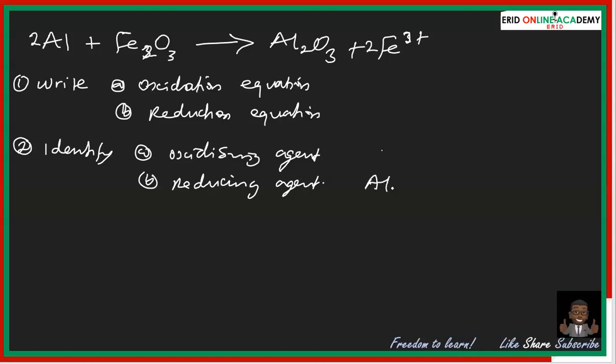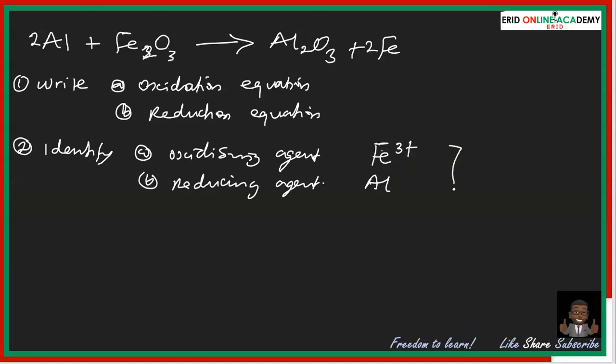Okay. So which one is the oxidizing agent? Iron ions. Okay, so therefore this equation should be this. These are your reactants.